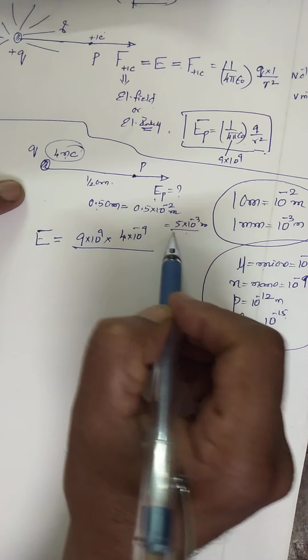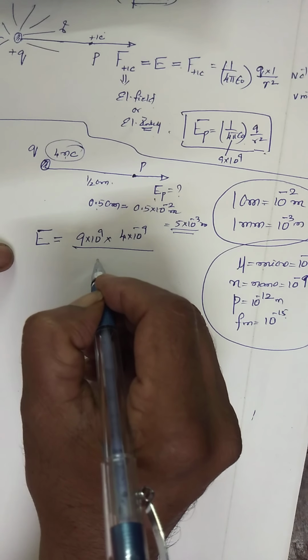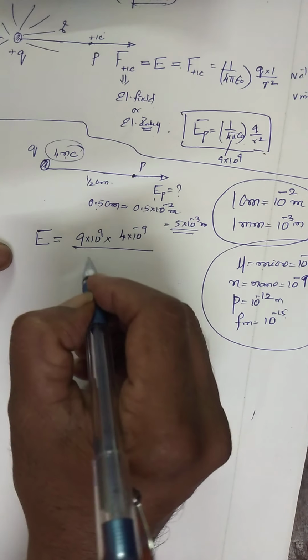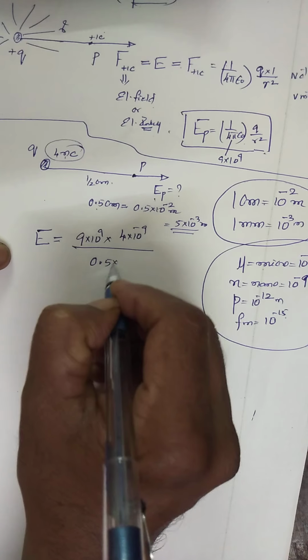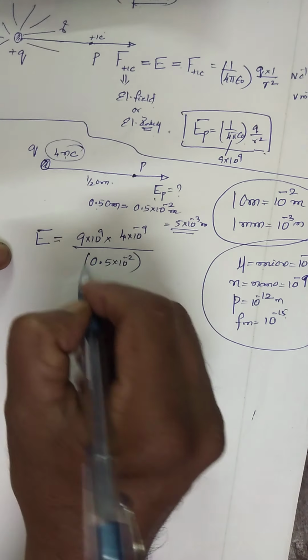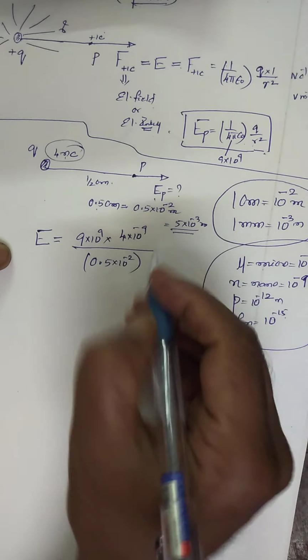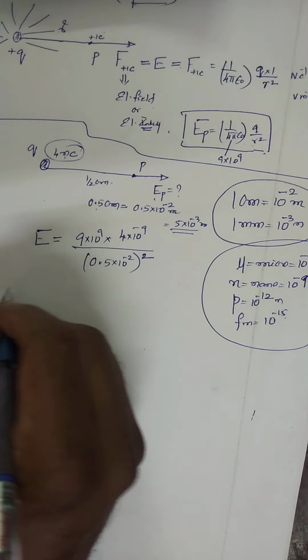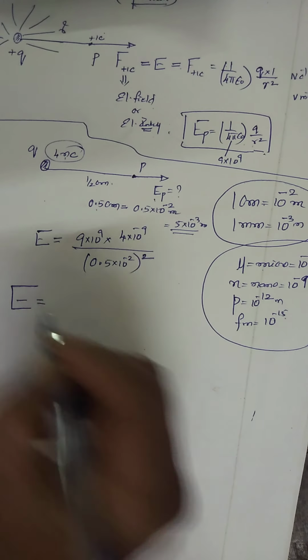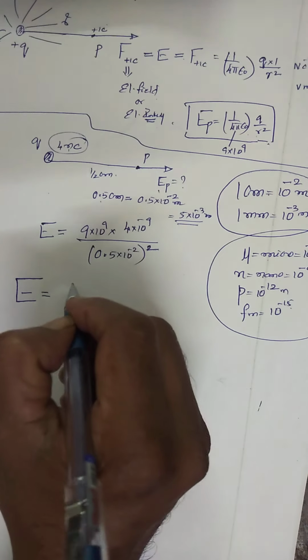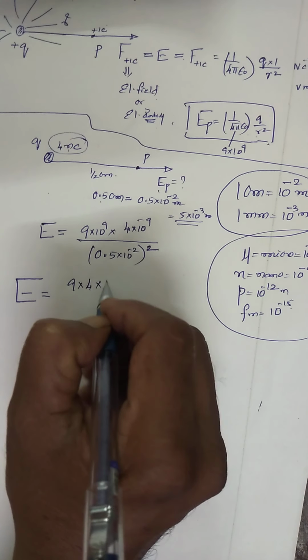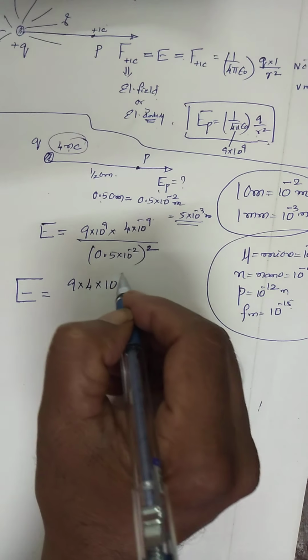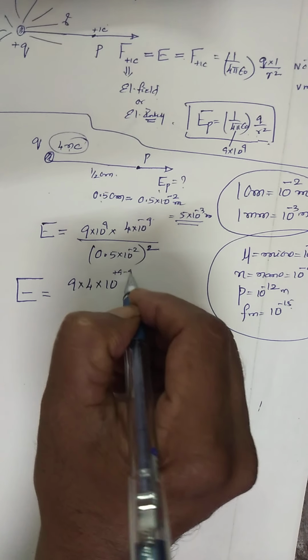Therefore, you can write here 0.5 into 10 to the power of minus 2, whole square, is it not? Understood? The electric intensity is equal to 9 into 4 into 10 to the power of plus 9 minus 9 gets cancelled, so 0.